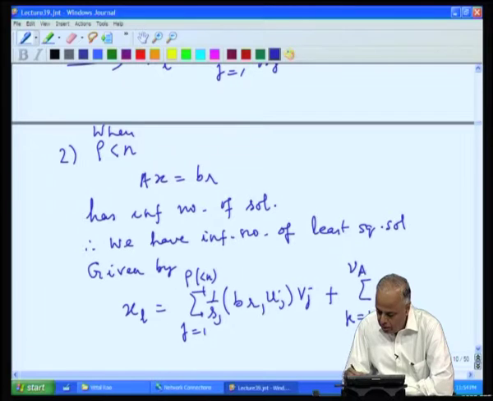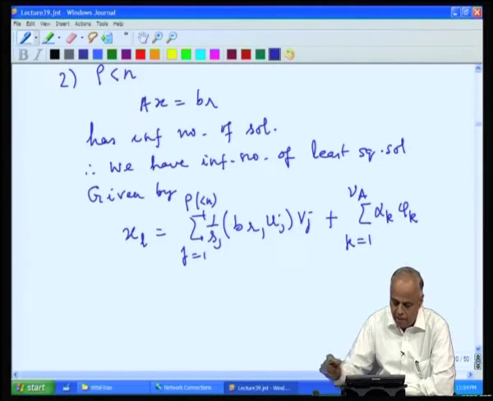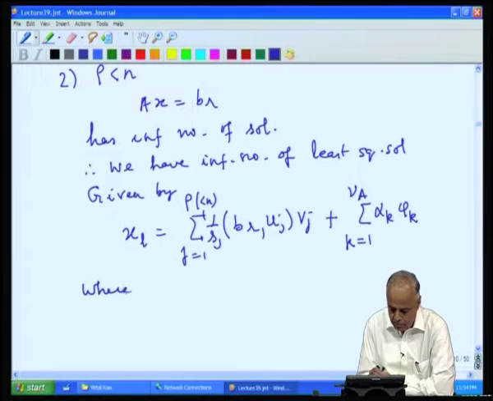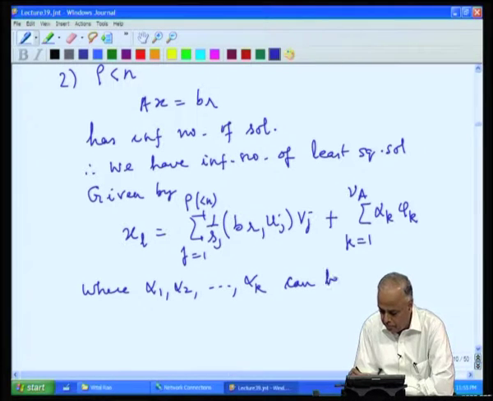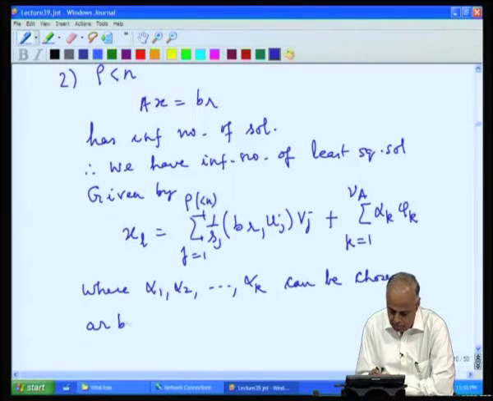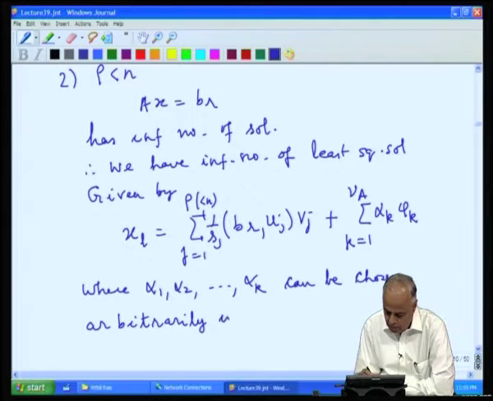That arbitrariness always comes from the null space of A, where alpha_1, alpha_2, ..., alpha_k can be chosen arbitrarily in R.